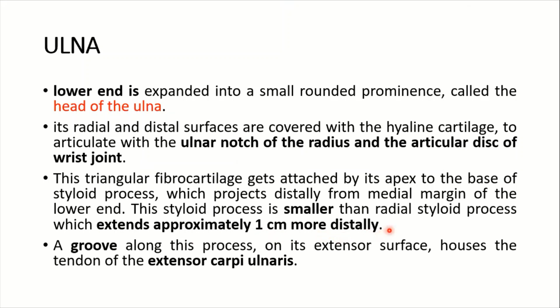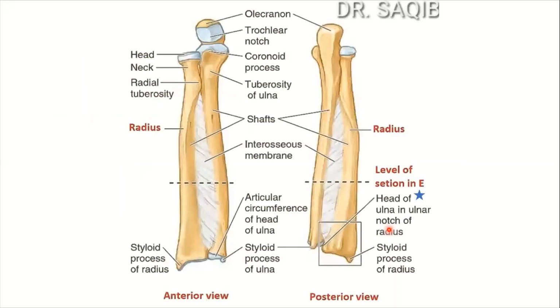Of course, I told you already in my video on the radius that this relationship bears a clinical importance. Again you see the styloid process of the ulna lying more proximally, and the styloid process of the radius lying distally, right? So clinical importance in fractures of the bones.